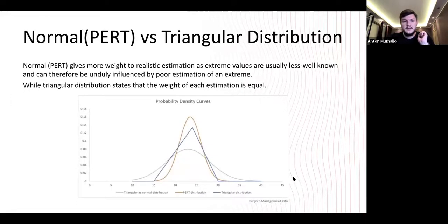Why? Because here is the answer why. So that is also a little more math here. It's about that this curve for PERT, you know, it's shorter, and triangular is wider. That's because of some laws that lie behind.